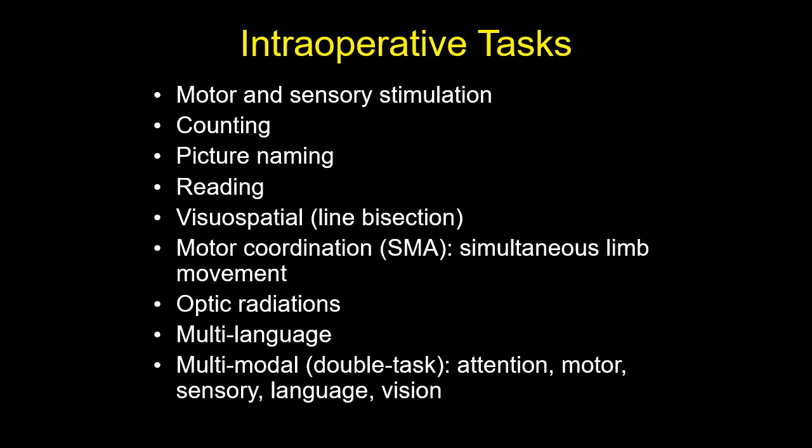Listed here are tasks commonly employed at our center: traditional motor and sensory stimulation, counting, picture naming, reading, visual spatial assessment using a line bisection task, a motor coordination task where the arm and leg are simultaneously moved during stimulation, optic radiations, multiple languages, and a multimodal double task where the patient is asked to flex the arm in sync with a picture naming paradigm.